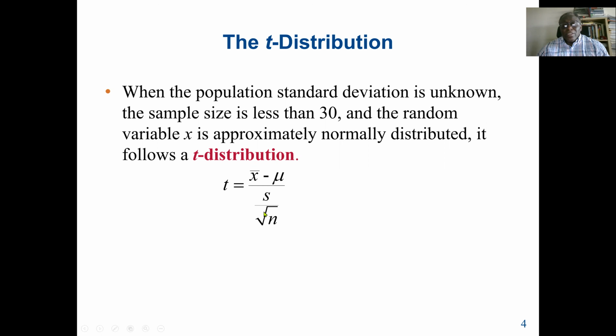So to find the t-test, it will be x bar, the sample mean, minus the population mean, divided by the standard deviation of the sample divided by the square root of the sample size. For the critical values of t, we are going to use the notation tc.